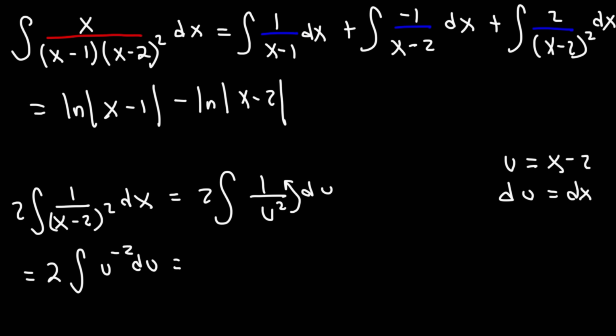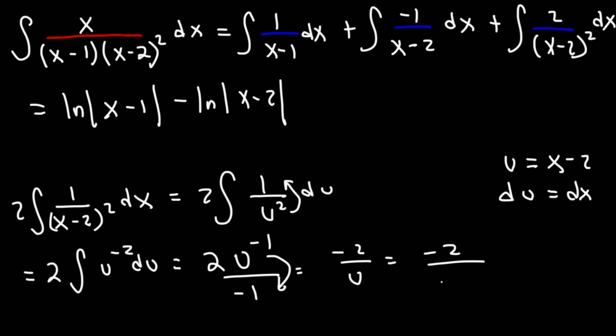Now we can integrate using the power rule. So we're going to add 1 to the negative 2 exponent, so it becomes u to the negative 1, and then we're going to divide it by negative 1. Bringing u back to the bottom, this becomes negative 2 over u. And then replacing u with x minus 2, it becomes negative 2 over x minus 2. So this is the answer.